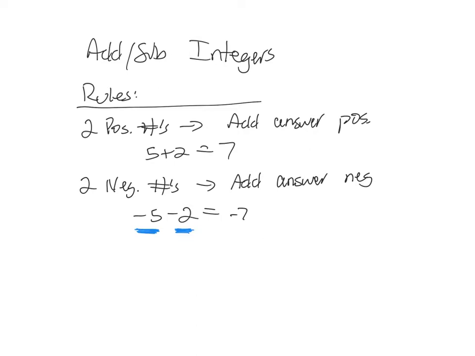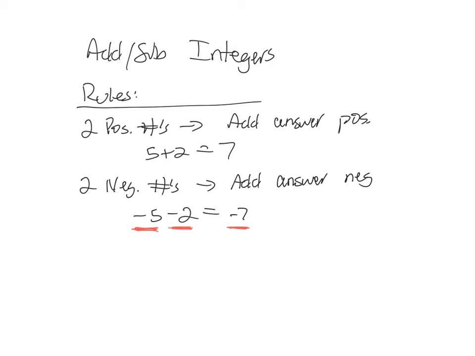There's an old math movie called Stand and Deliver, and the teacher talks about digging a hole. So negative would mean digging a hole, and positive would mean you have dirt and you're filling the hole. So if you dug 5 feet down into the ground and then you dug 2 feet, you will have dug 7 feet.